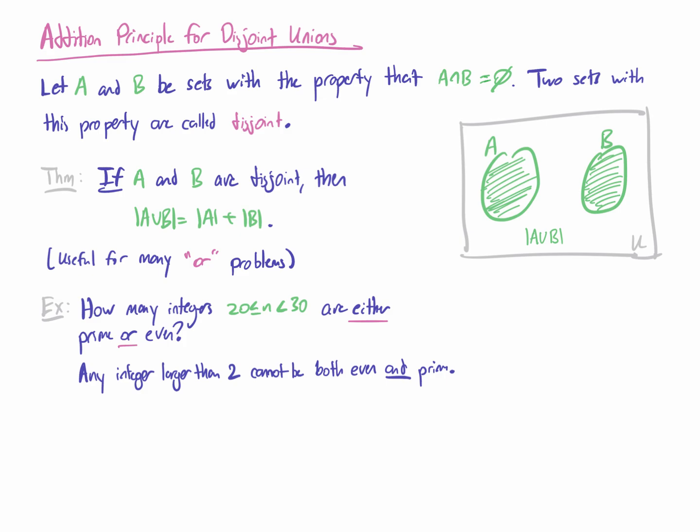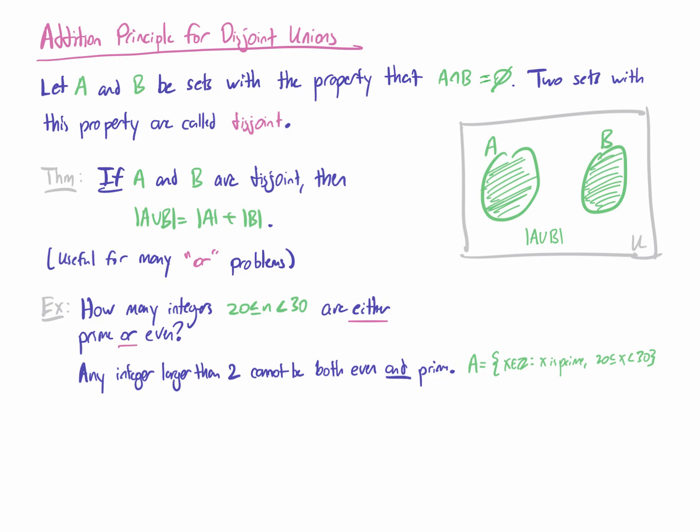So this means I'm going to define two sets. Let's define A to be the set of prime numbers. So x is an integer such that x is prime, and 20 is less than x, which is strictly less than 30.